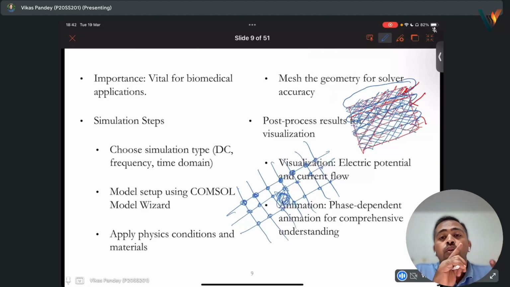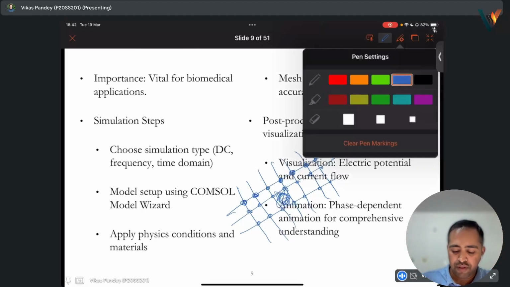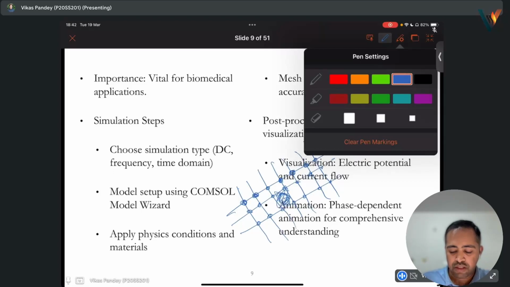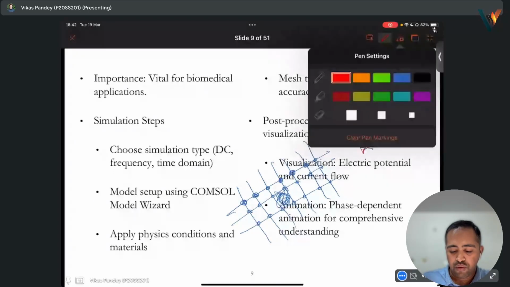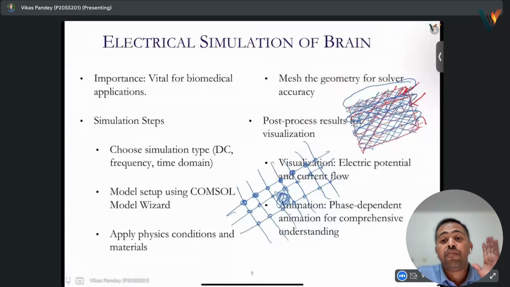Okay, so once this is done, there will be some result. We cannot see the equations, and we will not be able to understand those equations very well. So what we generally do is visualize it in terms of electric potential and current flow.